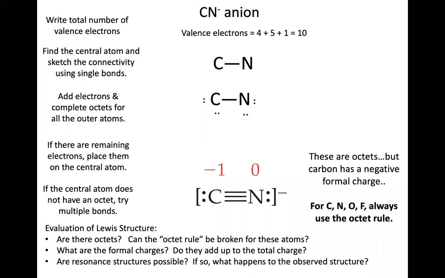Another thing that we can do is we can say, okay, draw it and then tell me about it. Meaning, draw the Lewis structure. Okay, tell me how many lone pairs there are. Draw the Lewis structure. How many double bonds do you have? Draw the Lewis structure. What is the formal charge on the nitrogen? So that's the other thing that we do. We can say, draw it and then tell me about it.